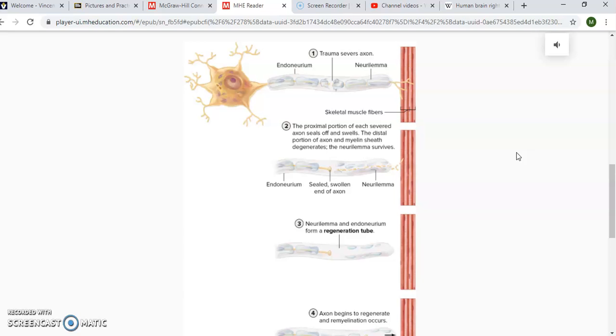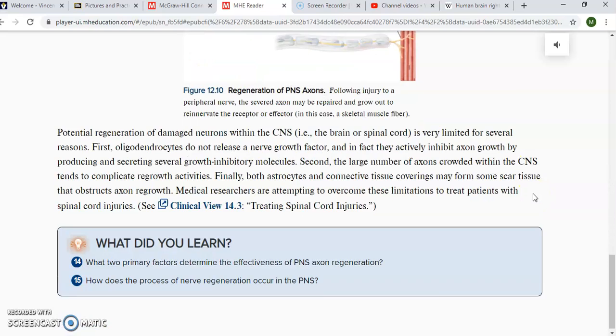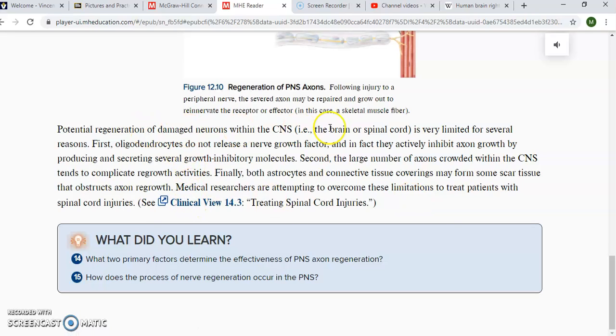But it can happen. Now, when it comes to the central nervous system, so brain and spinal cord, I think everybody's familiar with the fact that regeneration of damaged neurons within the central nervous system is very limited. And there's a few reasons why. So in this case, this is where some oligodendrocytes are not helpful. Or some glial cells are not helpful, specifically oligodendrocytes.